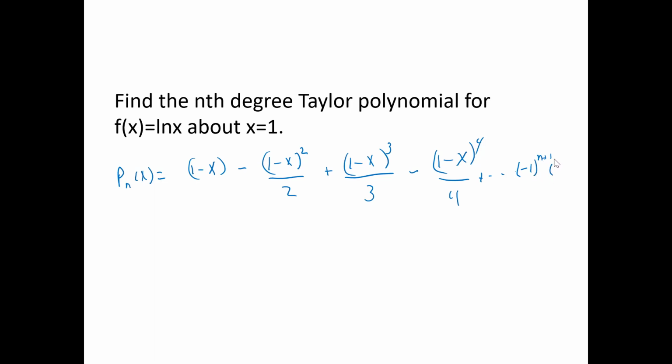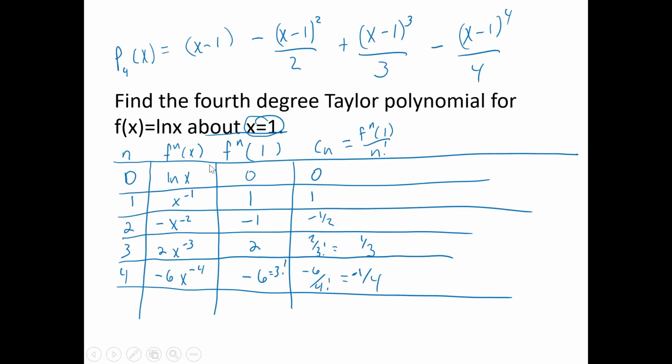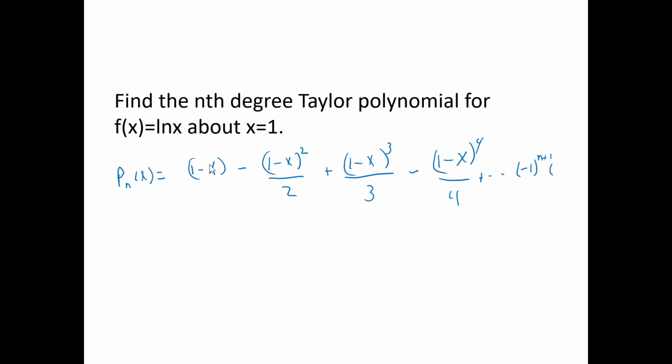Let me go back. My dyslexia kicked in, and I put x minus 1 minus x instead of x minus 1. So that needs to be fixed. All those need to be x minus 1.